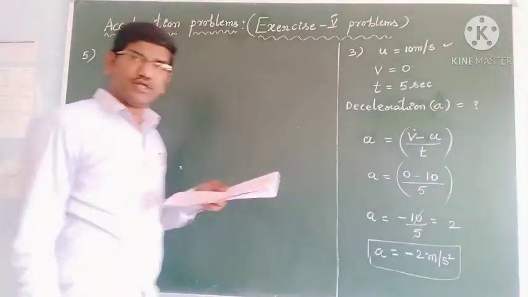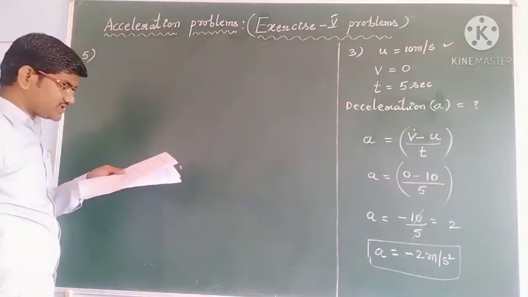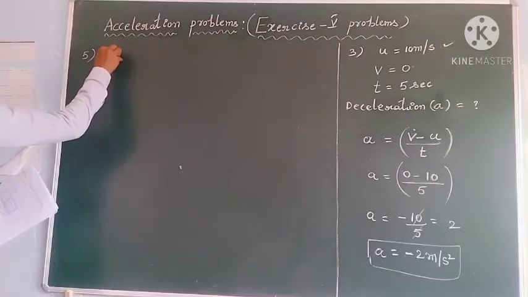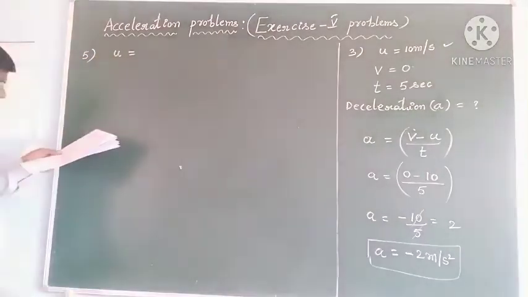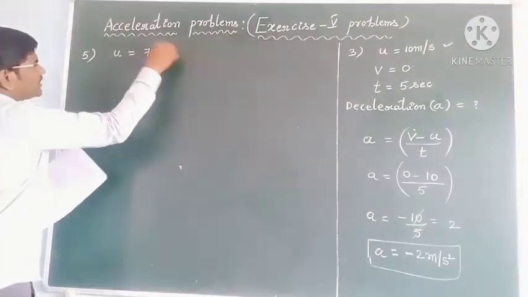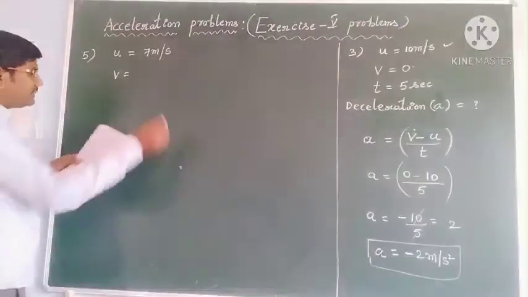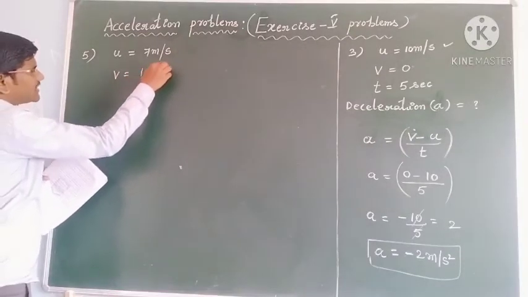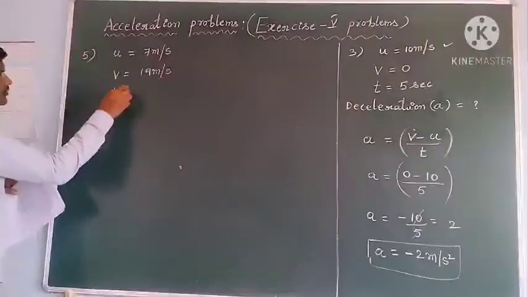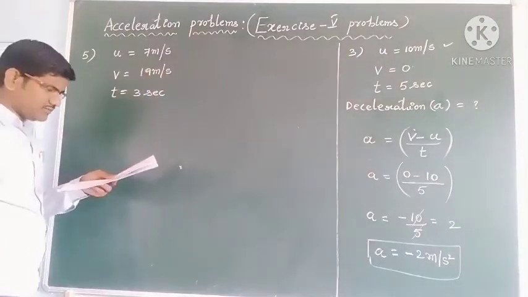Okay students, now next problem, problem number 5. The velocity of a car changes from 7 meter per second to 19 meter per second in 3 seconds. So the initial speed is 7 meter per second, and it has changed to 19 meters per second in the time of 3 seconds.